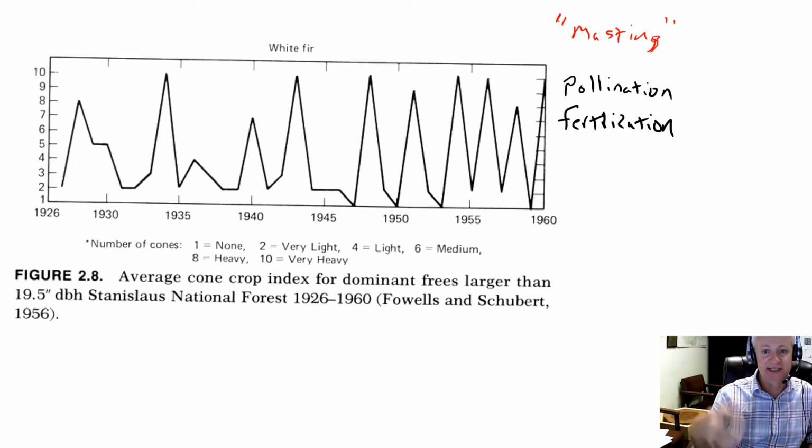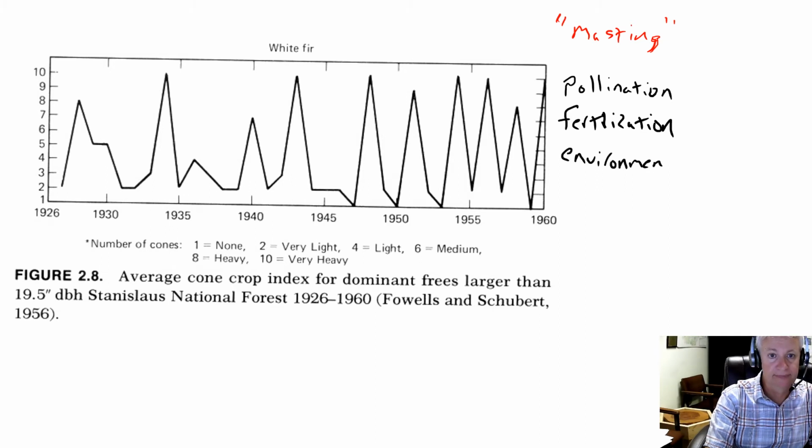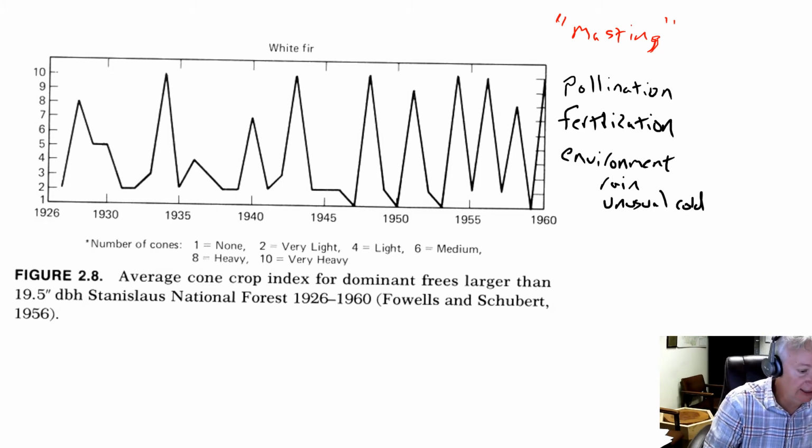So, for instance, pollen tube growth can be interrupted for various reasons, and fertilization might not occur. Environmental conditions. So I mentioned rain, unusual cold can slow or stop reproduction. Within plant, competition for resources.